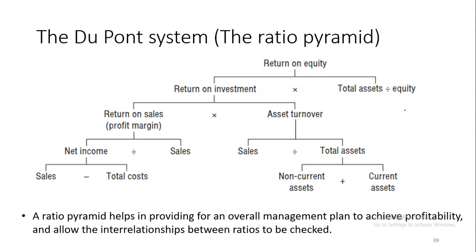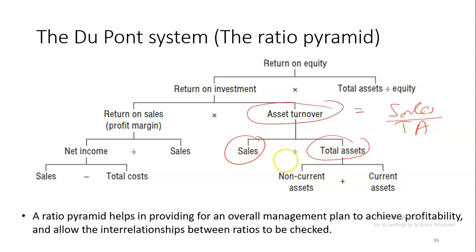So we also have the DuPont system, which can assist you. You can refer to this pyramid in your computation of ratios. For example, if you want to calculate the asset turnover, your asset turnover is equal to sales over total assets. These are the sales, these are the total assets, and the divide sign is there. So you can see that asset turnover is found by sales divided by total assets.